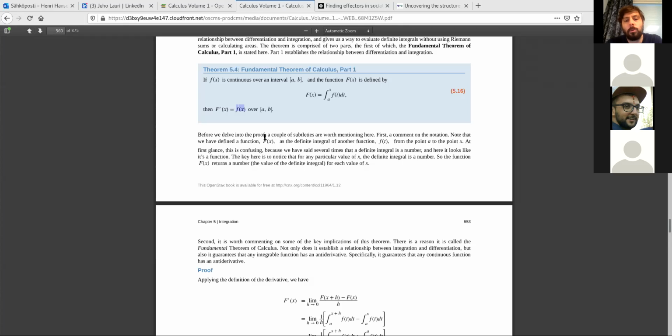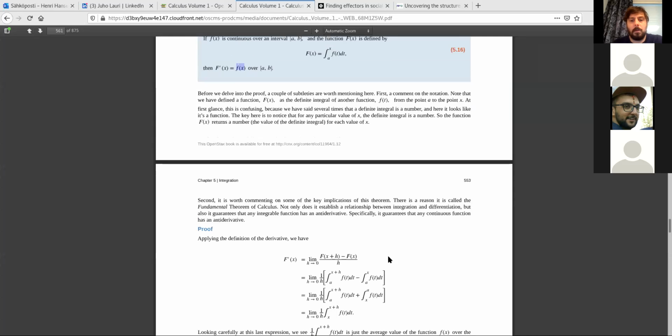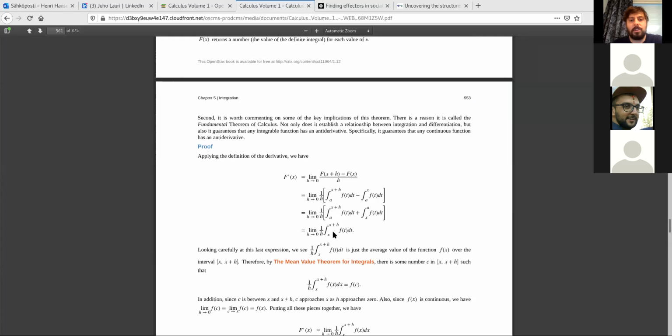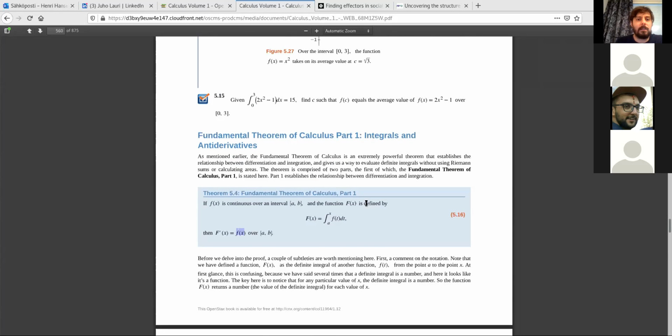It's a handy tool when you calculate. And we can prove it fairly simply. It comes down to the derivative with respect to x and so forth. But we'll talk about that next week.